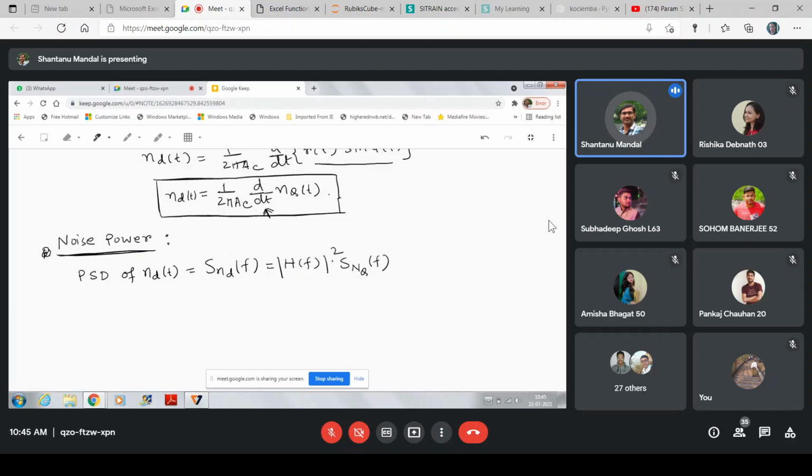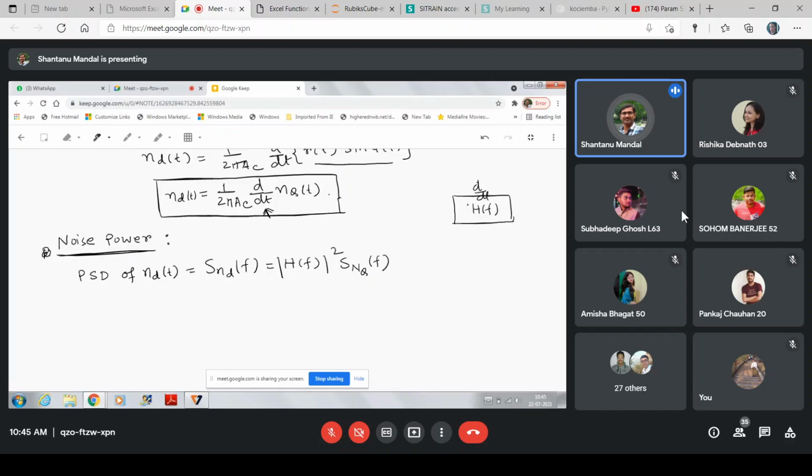Where H(f) is the transfer function, the differentiator transfer function, d/dt.